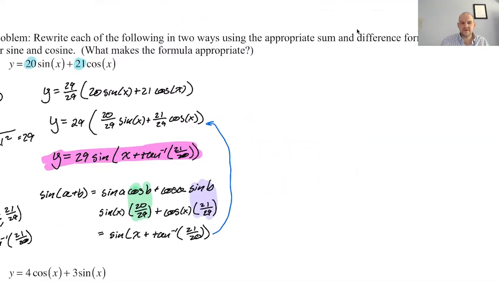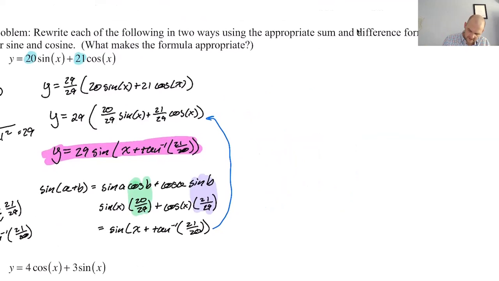It's definitely going to be cosine of x minus y, or cosine of a minus b, however you want to say it. So I'm going to say cosine of a minus b is cosine a, cosine b, and then plus sine a, sine b. So now my job is I need to rearrange this so that it works.